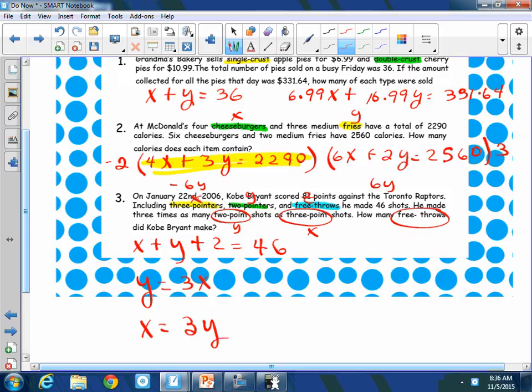So what does that mean? He made 3 times as many 2-point shots as 3-point shots. You've got to tell me, is it Y equals 3X or is it X equals 3Y?